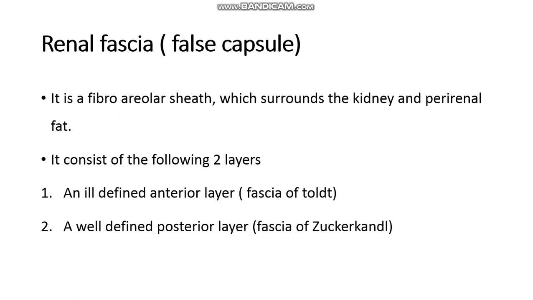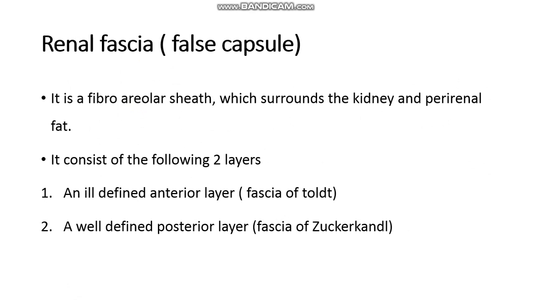The next is renal fascia or renal false capsule. It is a fibroareolar sheath which surrounds the kidney and the perirenal fat. So renal fascia is the covering of the perirenal fat, and that is a fibroareolar sheath.